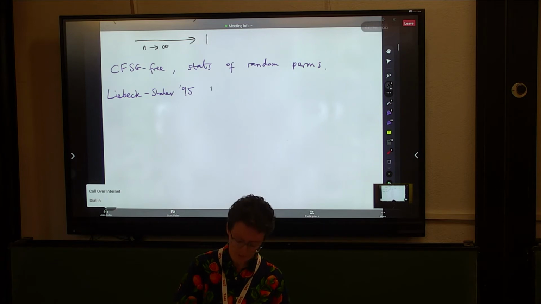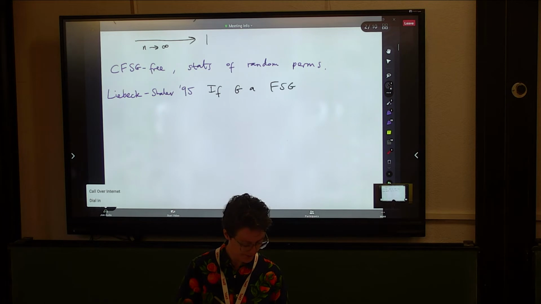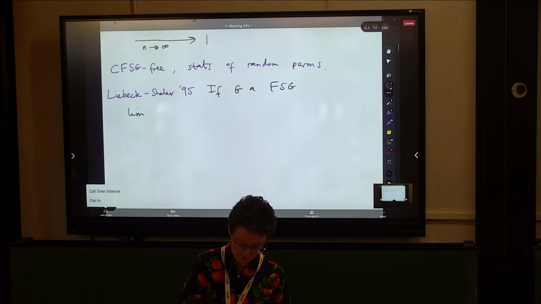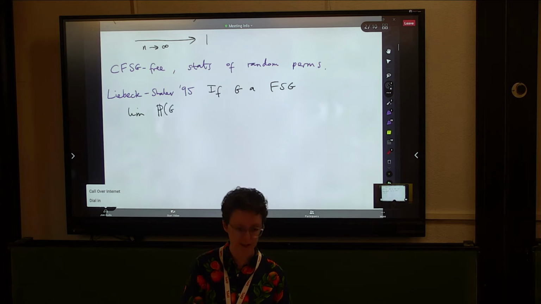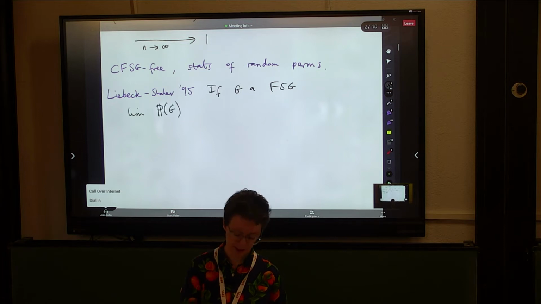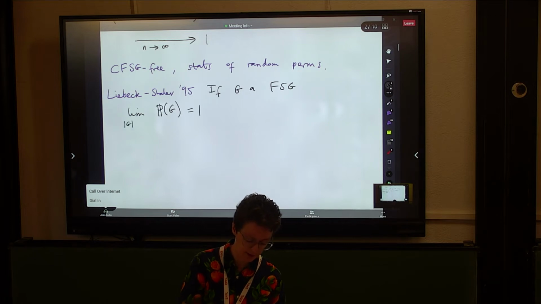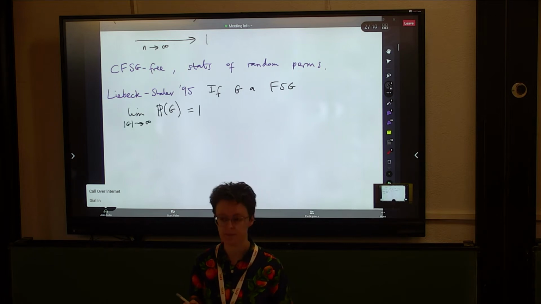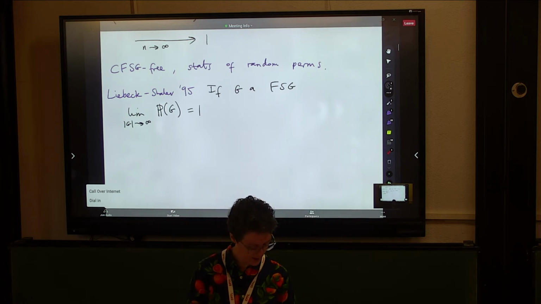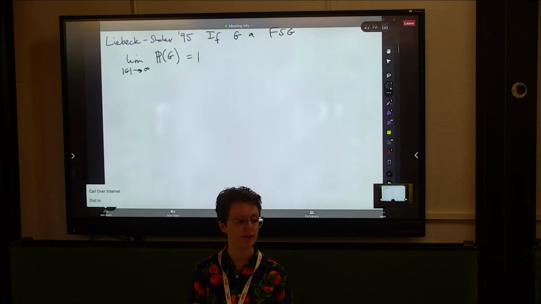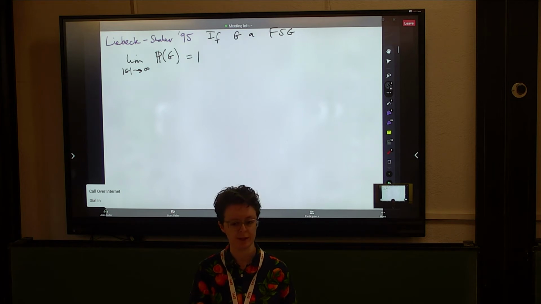So let G be a finite simple group. Then the probability that two random elements generate G tends to 1, and now in our limit we need the size of G to grow. So again, in this case, it means that the generating graph has almost all of the possible edges that it could have.